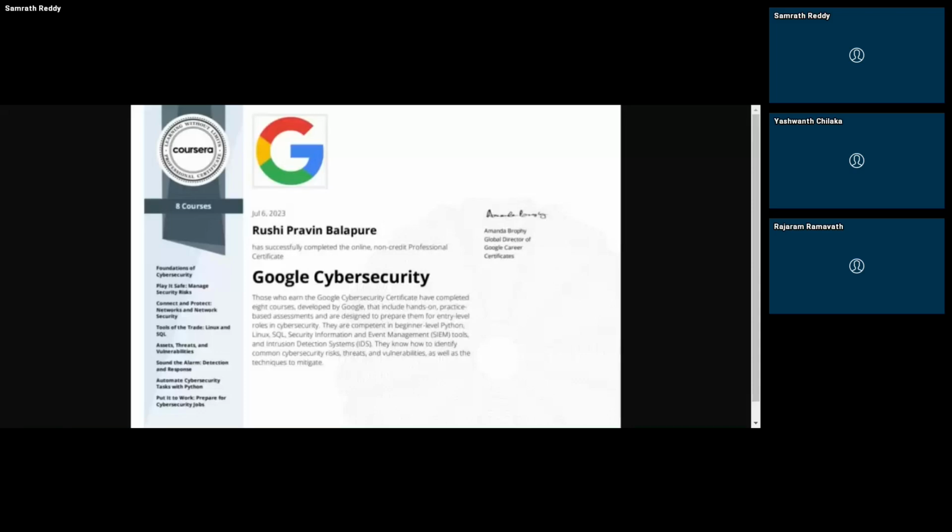So this is how the certificate looks. The certificate is not mine, it's someone's from LinkedIn who shared it. This type of certification is useful when you are job hunting, to put in your resume, so that a branded reputation like Google's brand mark will help push your resume further.